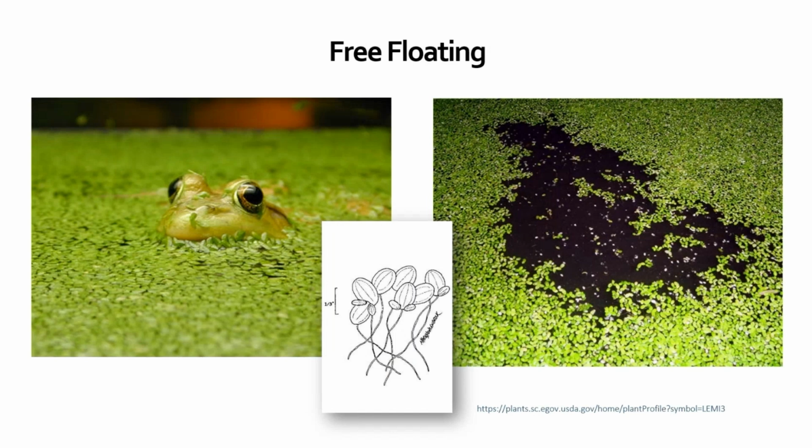Free floating are like the duckweed that I mentioned earlier, and the line drawing in the middle shows what they look like if you look very close. So the leaves are very tiny, but they're little leaves, and they're not attached down into the substrate. They're just floating around and with little leaves and a tiny root that just hangs down into the water. That's free floating.